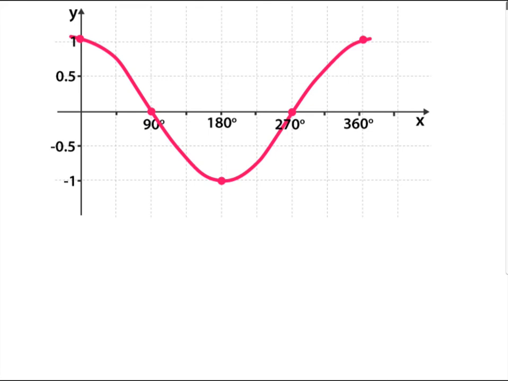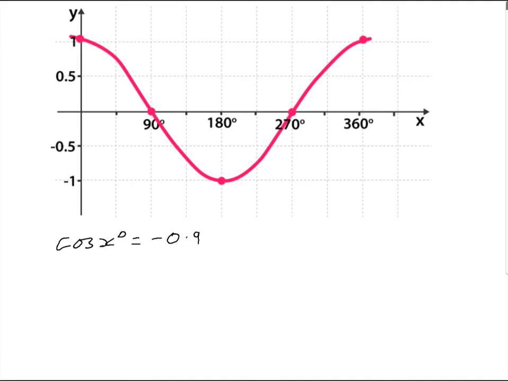Okay, what about if we have a negative value? So if we have cos of x degrees equals minus 0.9. Okay, so a couple of different things you can do here. First thing I would probably suggest doing is just drawing the line so that you have a wee think about exactly where you're going to do it.